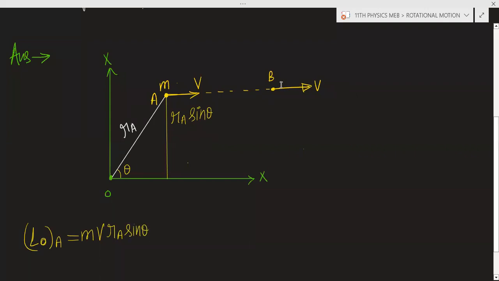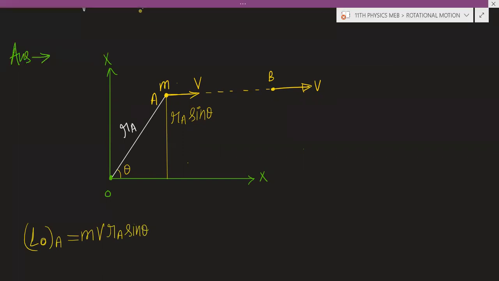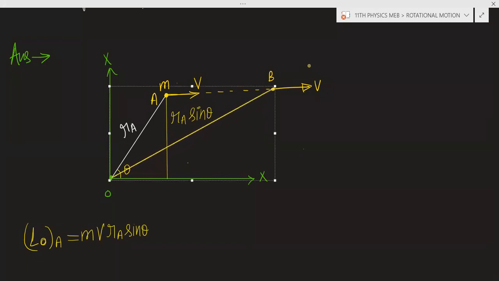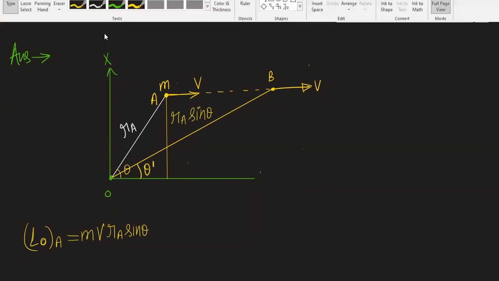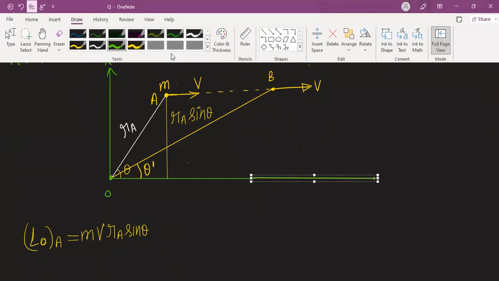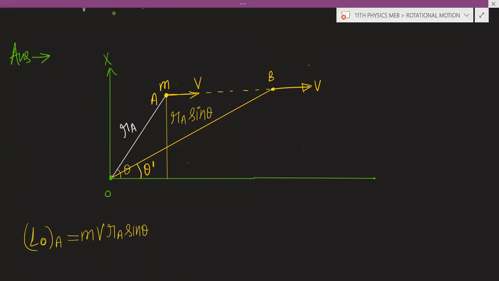Now for position B, this will be the distance, and suppose this angle is some other angle, theta dash. So we have to extend our x-axis. This particle is also moving parallel to the x-axis.